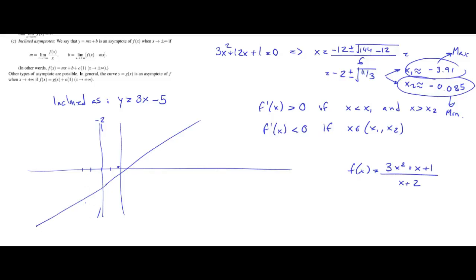Okay, then we have this value, and so we know that the function is going to be very close to this until it gets to the maximum, and then it starts increasing, right?